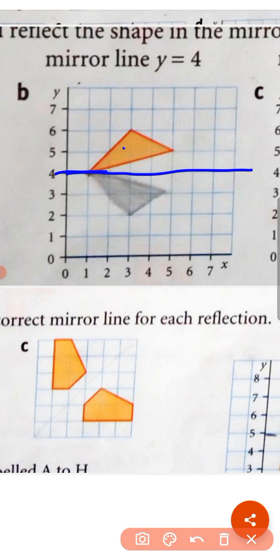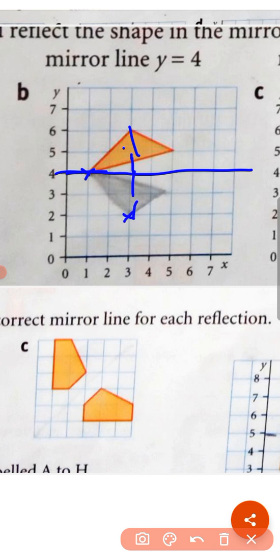So first find the distance. This point is on the mirror line, and from here 1, 2.